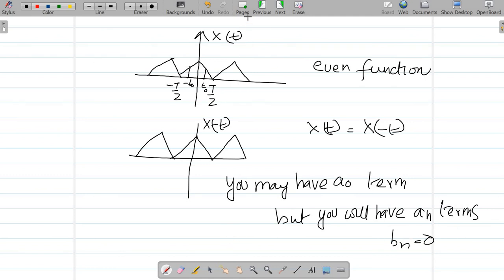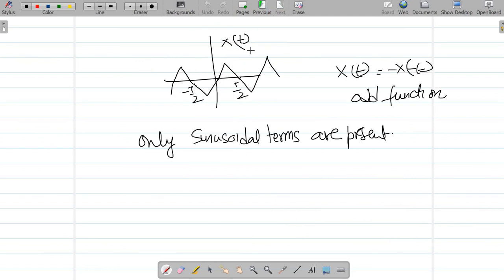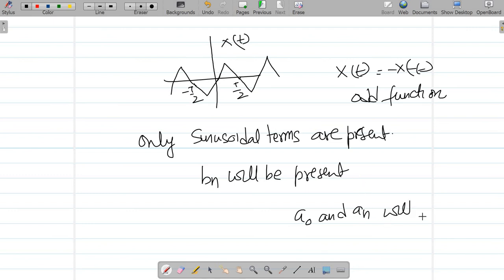This we have seen in one of the previously worked examples. So in this case, Bn will be present. A naught and An will be absent in this case. So in this particular case, A naught will be absent.